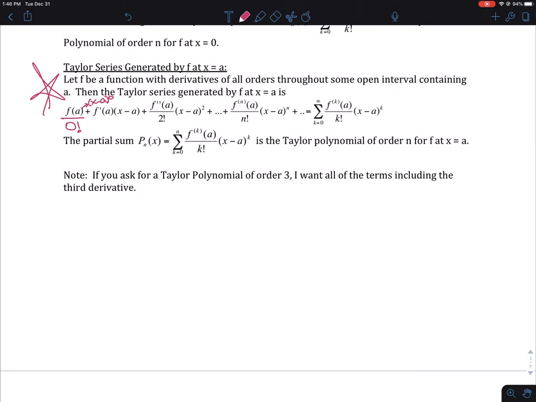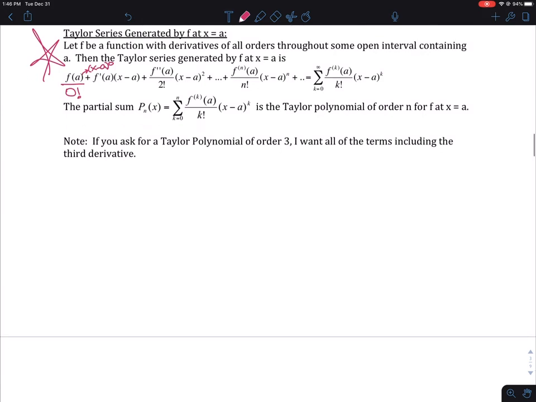But sometimes you only have values for position, velocity, and acceleration at a specific time value. And you want to know how to construct a polynomial that could tell you what could happen at a different time value that's close to the actual values that you actually have.